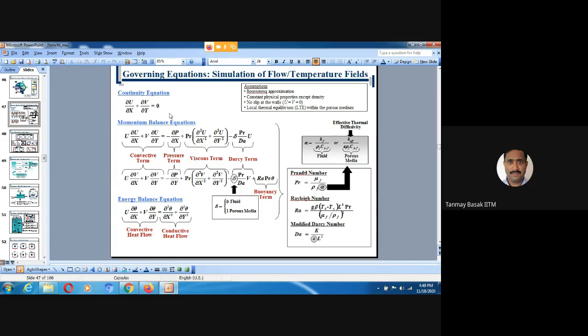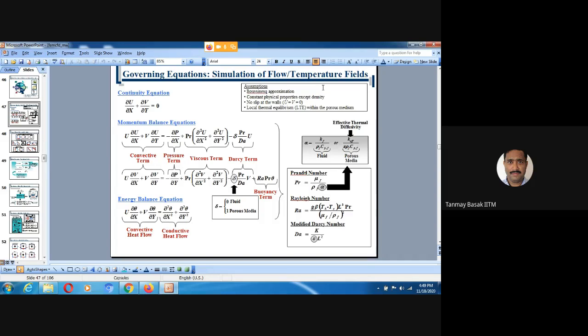Again, I would like to reiterate the governing equations for this type of problem. We have assumed a Boussinesq approximation. We applied constant physical properties except density, no slip at the walls, U and V equal to 0, and local thermal equilibrium within the porous medium.